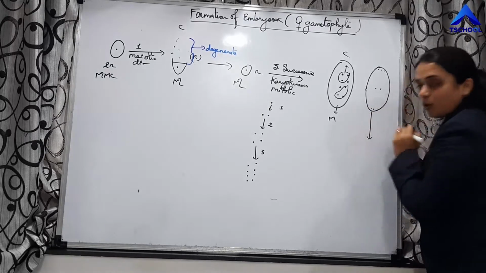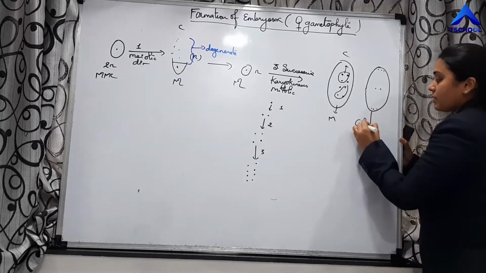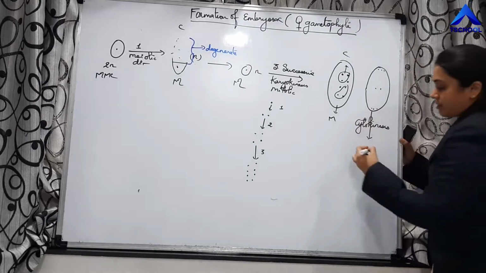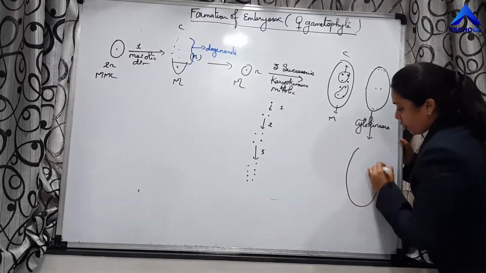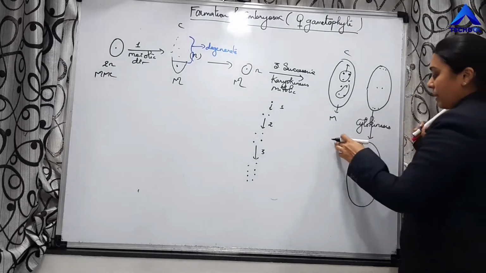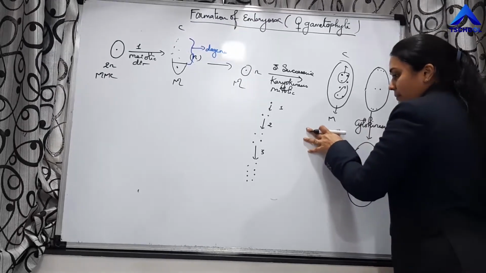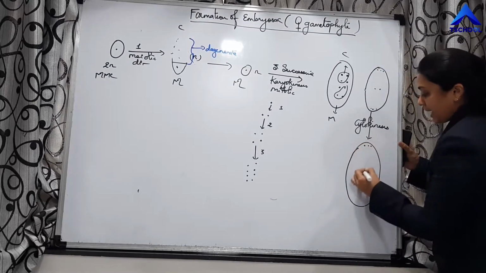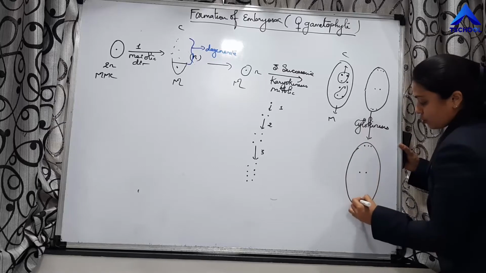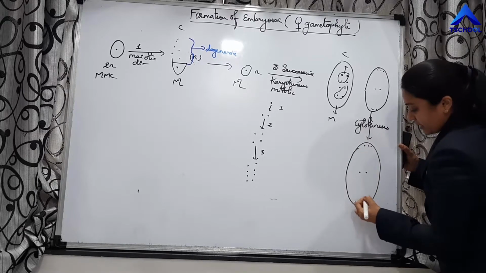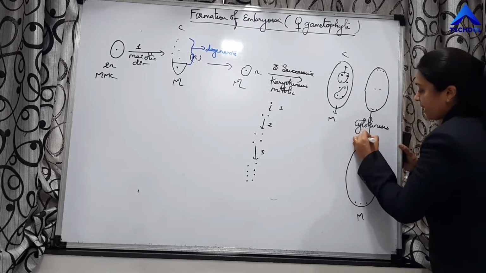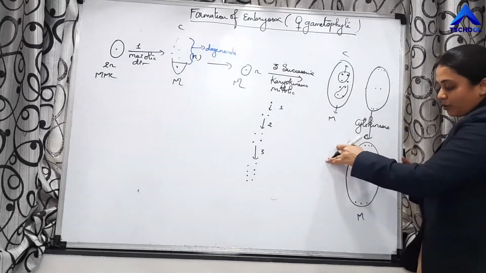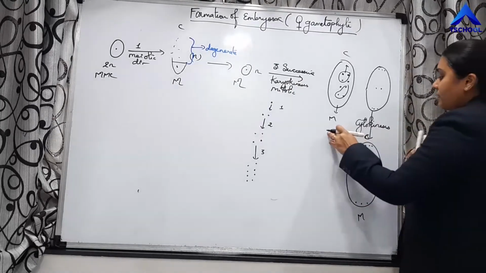This karyokinesis is followed by cytokinesis, so there will be formation of cell wall and plasma membrane, right? How will it happen? Over here there were 3 nuclei at the chalazal end, 3 nuclei at the micropyle end, and 2 nuclei in the center.